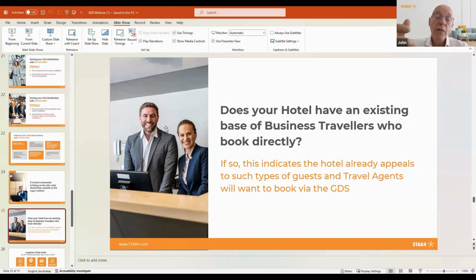Or do you have travel agents phoning you to make bookings for business travelers? If so, it's only an indication, but it indicates the hotel already appeals to such business traveler types of guests because their location or their amenities or their facilities tick all the boxes for a business traveler. And the travel agents would prefer to be able to book via their GDS system.